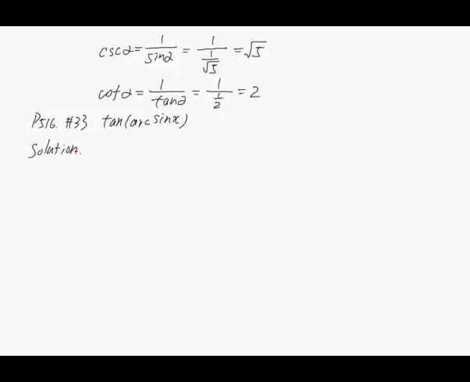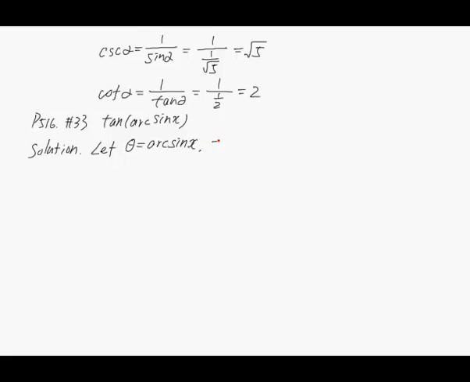So first, let theta be this angle, be this arc sine x. Then, by the range of the arc sine function, we know theta must be between negative half pi and half pi, right?